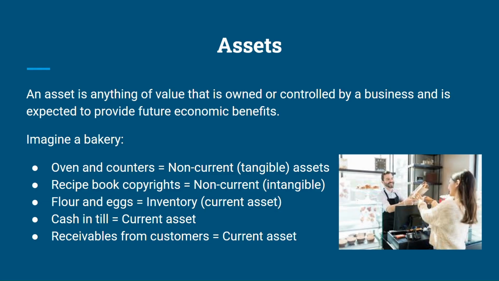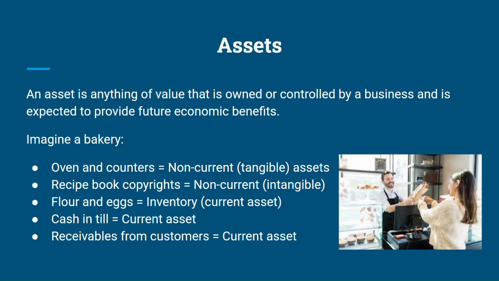For example, you have an oven, and obviously it is owned by the business in a way or another. This oven is owned by the bakery, and it helps the bakery to make the bread, for example, that they're going to sell. So it allows them to benefit from future economic benefits, right?